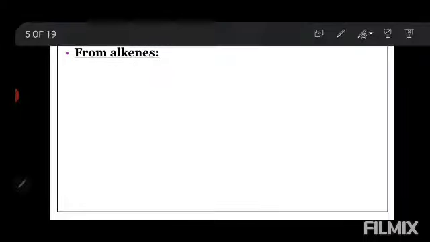Next, alkene. Alkyl halides can be prepared from alkenes by addition reaction. Whenever we talk about unsaturated hydrocarbons, the main reaction is addition. You have already done this in junior classes, the double bond.